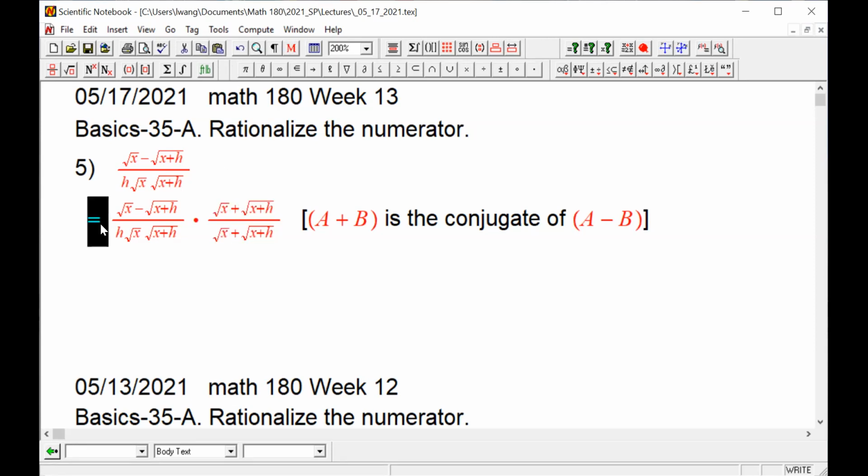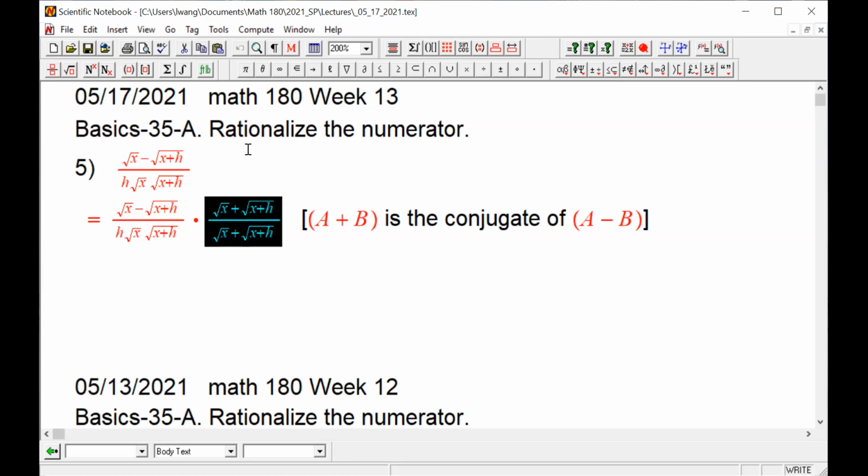We need to maintain the equal sign so it stays the same as the given expression. So in the numerator we multiply to make A minus B times A plus B, divided by the same quantity, which makes 1.